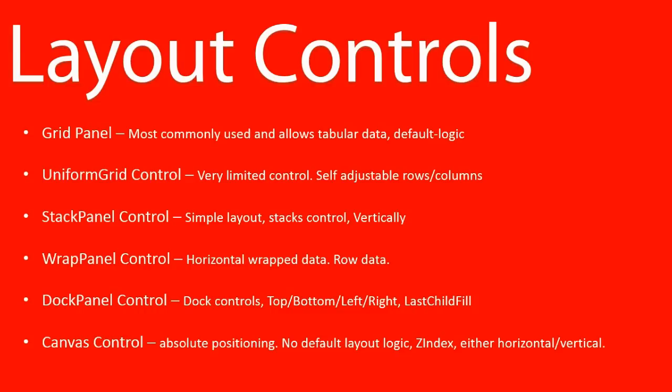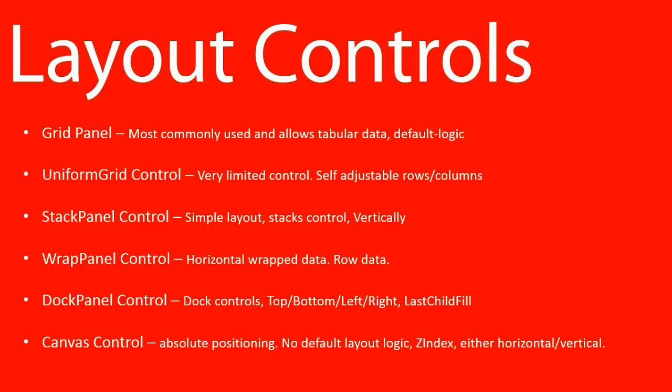Let's take a quick look at layout controls. There are many layout controls, and as I told you, these are used to create the user interface of your application. The first control I'm gonna talk about is the grid panel. Basically it is used to create a tabular structure. The second is the uniform grid control.